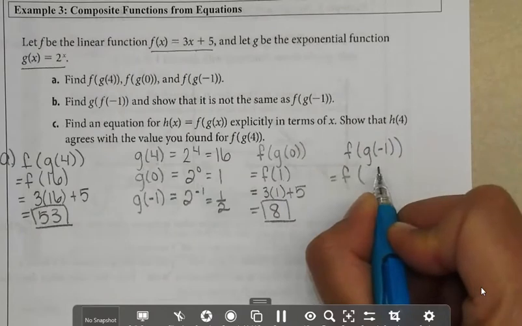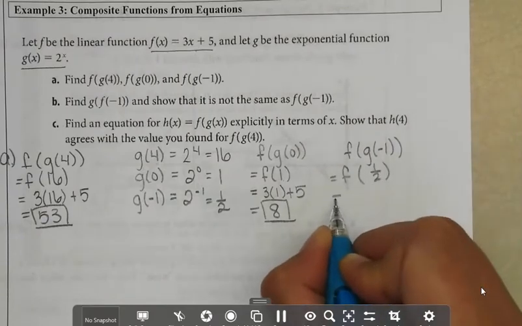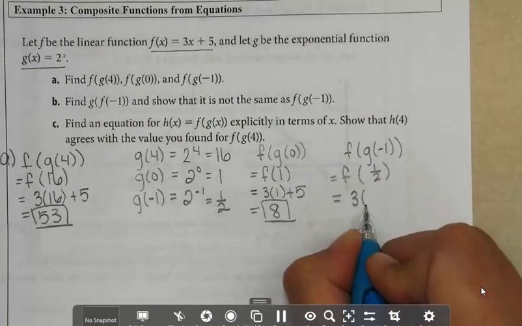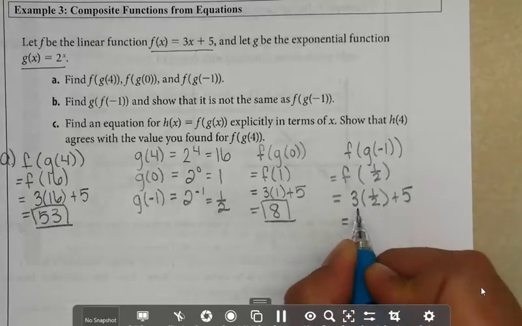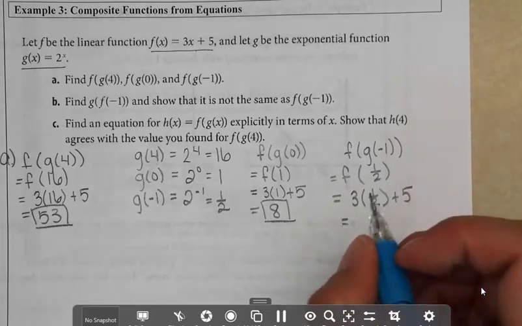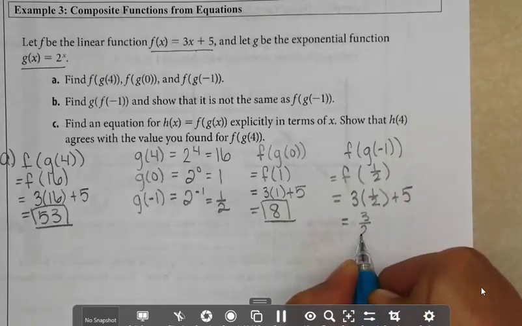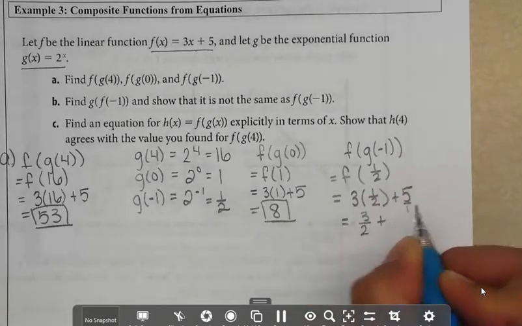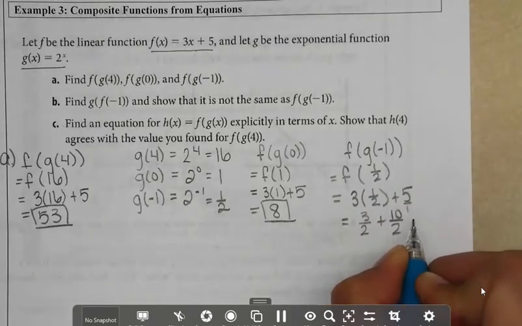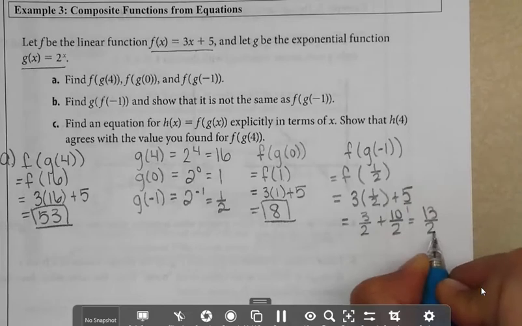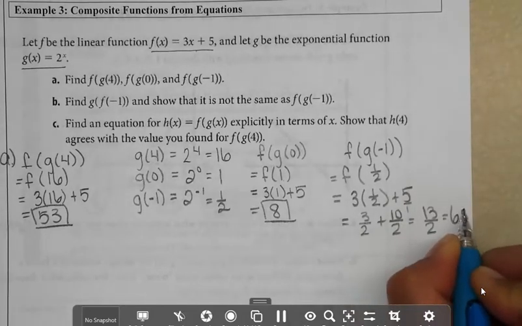So this is really f of 1/2. f is 3 times x, and x is now my 1/2, plus 5. So I get 3/2 plus 5. Instead of writing 5, I'm going to think of that as a fraction. Multiply top and bottom by 2, 10/2. So it looks like I get 13/2 or 6.5.